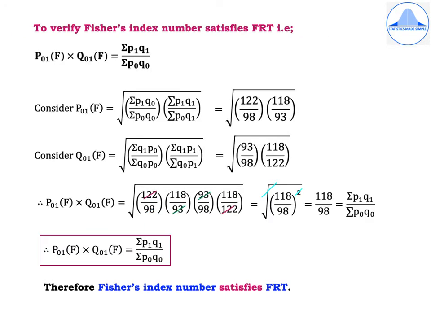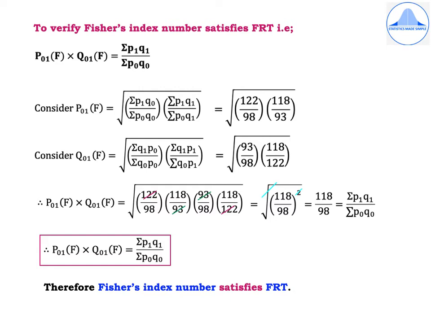In the second subdivision, we also need to verify that Fisher's index number satisfies FRT. So let's write the condition, that is P01 of F into Q01 of F is equal to summation P1 Q1 divided by summation P0 Q0. So write the formula for P01 of F, which is equal to root summation P1 Q0 divided by summation P0 Q0 into summation P1 Q1 divided by summation P0 Q1, which is equal to root 122 by 98 into 118 divided by 93.